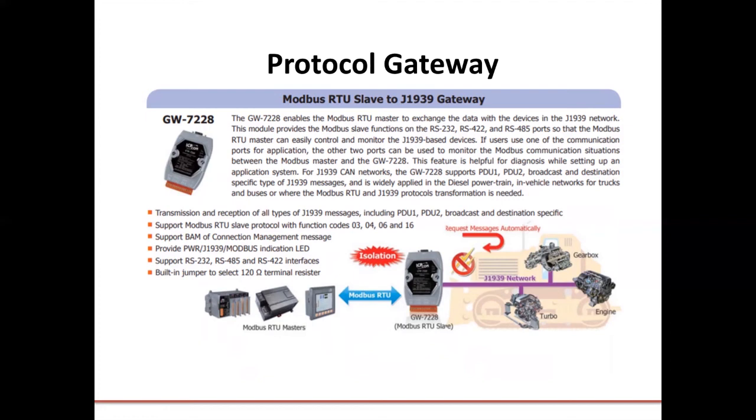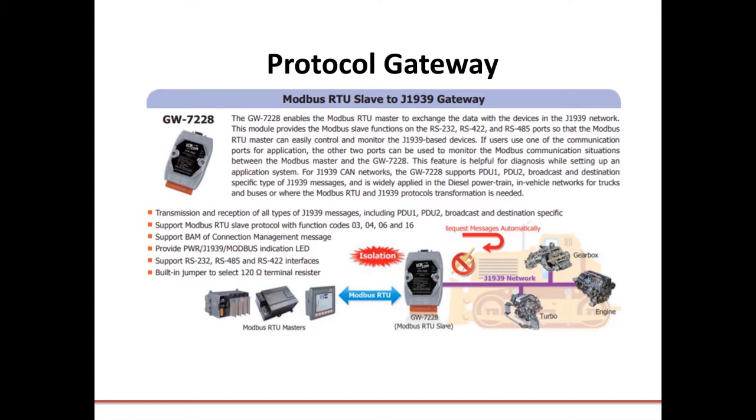This particular one is our Modbus RTU to J1939 gateway. J1939 is a protocol which is heavily used in the automotive industry and can communicate with large motors and communicate parameters such as oil pressure, temperature, and RPM.